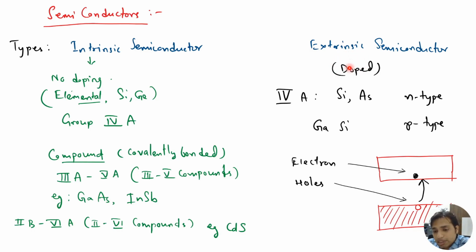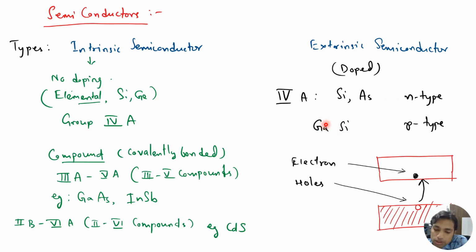In an extrinsic semiconductor, we put some kind of impurity. For example, if you have silicon and you dope it with a group 5 element, for example arsenic, you get something called an N-type semiconductor, where your majority charge carriers are electrons.